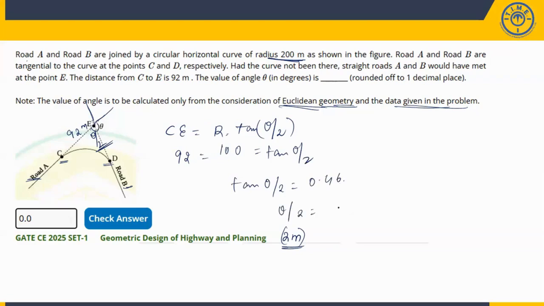Theta by 2 is equal to 24.8. From this, theta is equal to 49.6 degrees. The answer is from 48 to 52. Any answer is right as per the key.